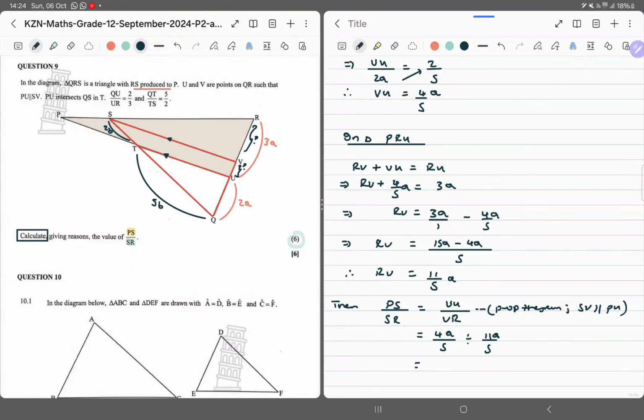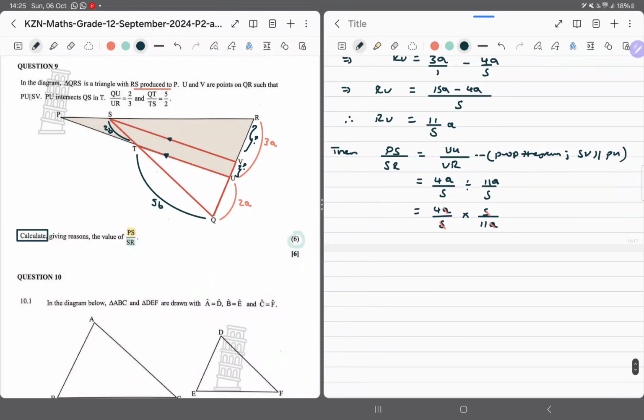Nice. And then we see that this is 4A over 5. We flip this thing, it's going to be 5 over 11A. Now the A's do their own thing and the 5's do their own thing. So what do we have left here? We have 4 over 11. That's our answer.